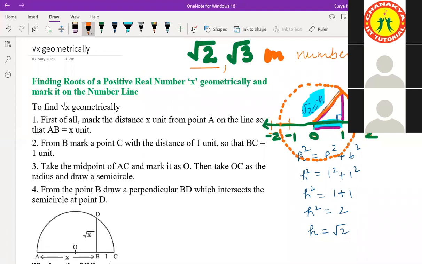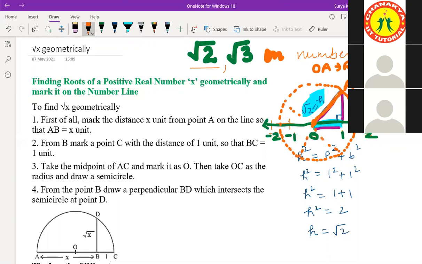Is it clear, children? Suppose O and A is the radius of the circle, and draw one circle through this radius. So everywhere this radius is root 2, this radius is root 2, this radius is root 2.